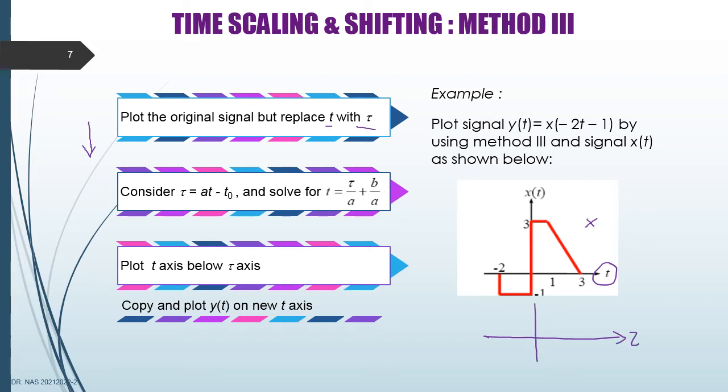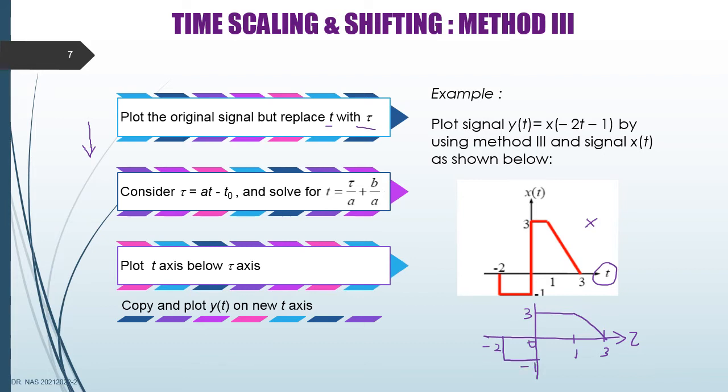But the values of tau are still the same as t. So you still have 3, 1, 0 and also minus 2, and the amplitude also remains the same.